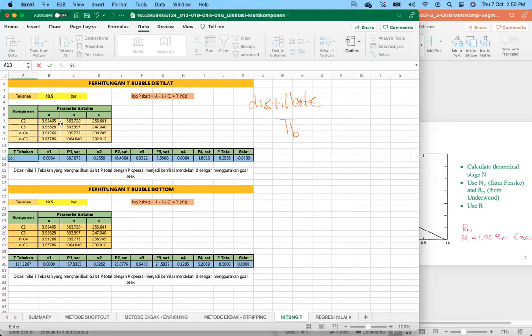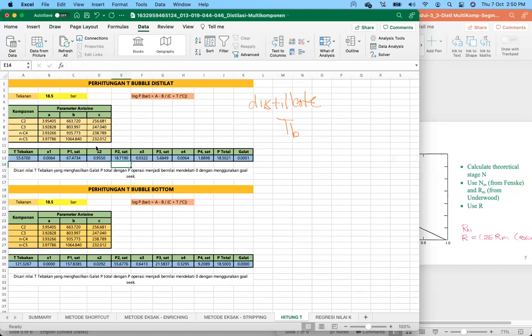Yeah, that one. Okay, try that one. Because the Pi saturated is a function of the Antoine and also the temperature tebakan, and this one also, the P2 is also a function of Antoine.